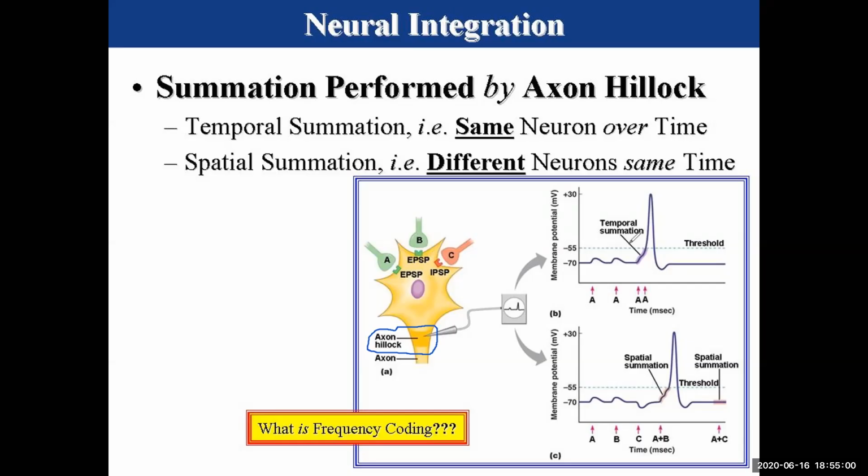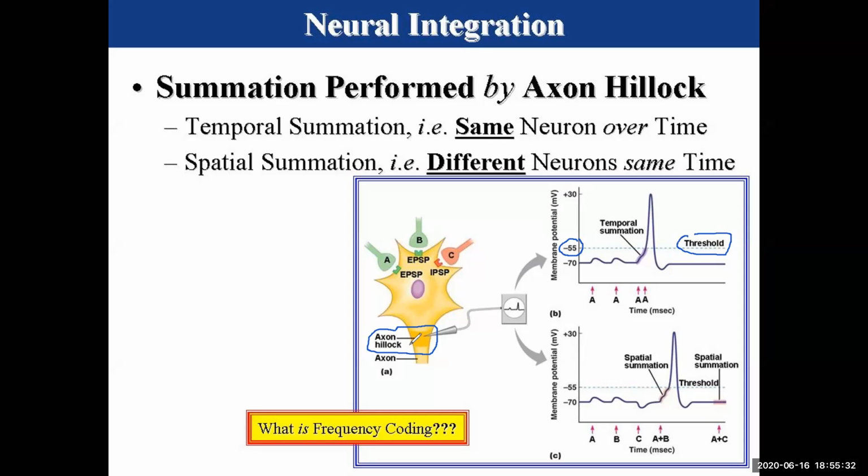And the threshold potential, when we say threshold, it means the threshold potential at minus 55, right? So for the cell membrane, the plasma membrane, and the phospholipid bilayer at the axon hillock, do I have minus 55 or more positive? Do I have at least minus 55? If I have minus 55 millivolts, I can fire an action potential.